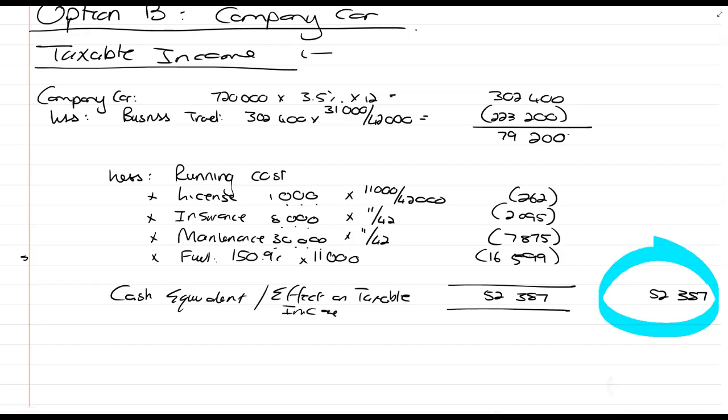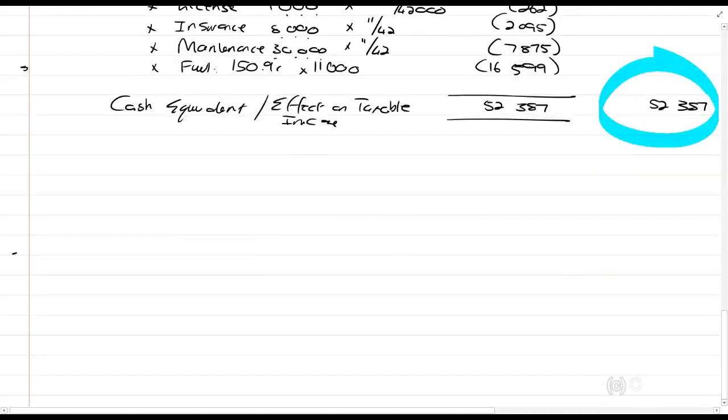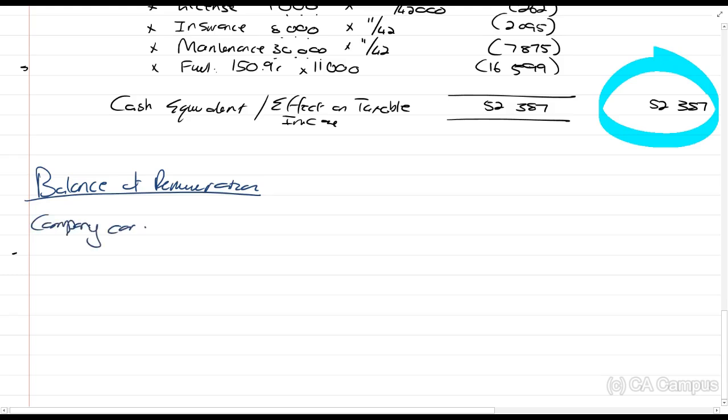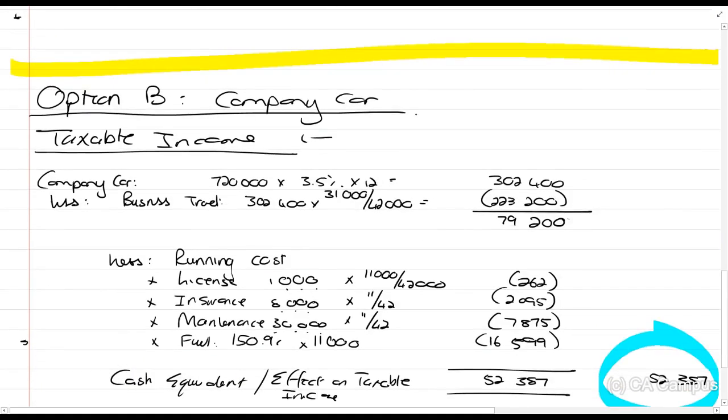So now let's just change color here, and we do our balance of remuneration. So the balance of the remuneration for the company car is everything that we did here, times 80%.